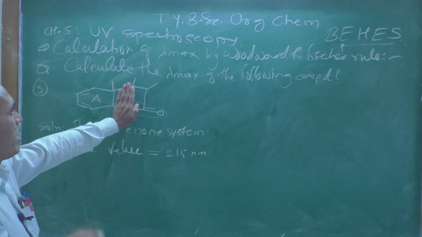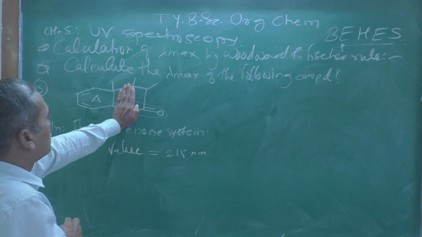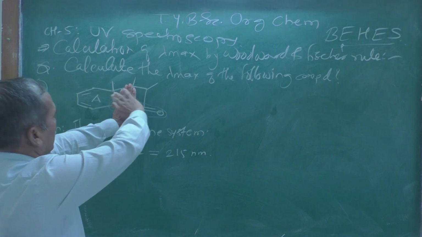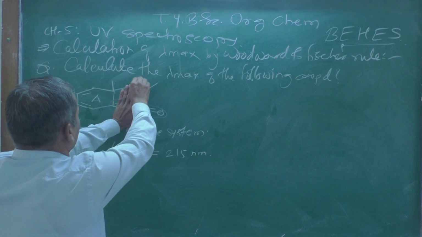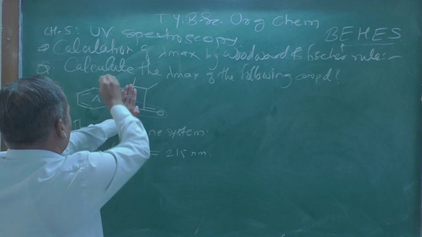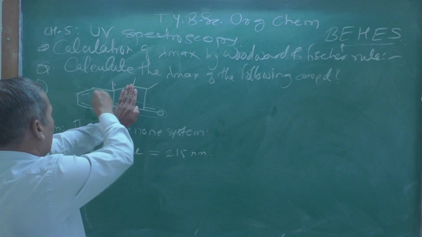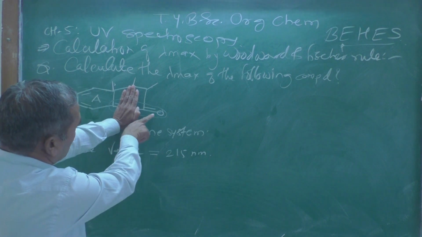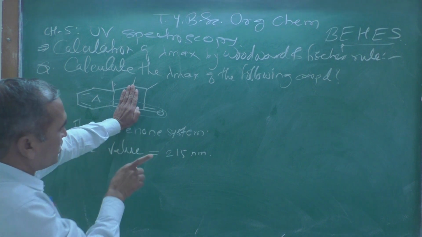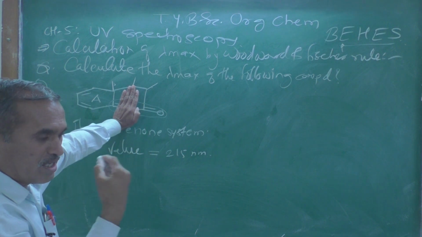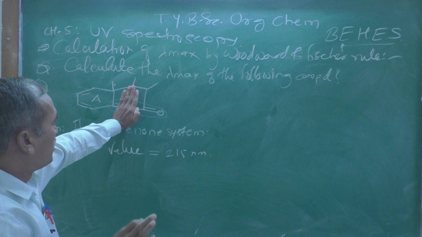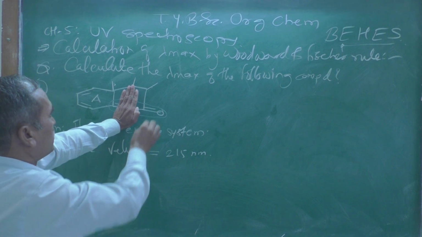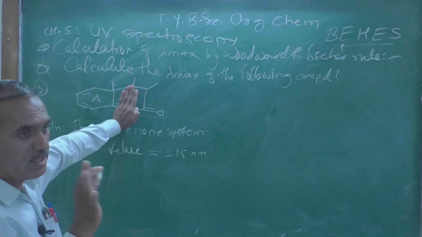If you put a hand on B, what do you see over here? Outside the ring, whatever bonds are present, here a single bond, here a single bond, here also a single bond, here also a single bond. Don't consider that carbonyl group. It is always outside. Some students count this as exocyclic. Don't do that.